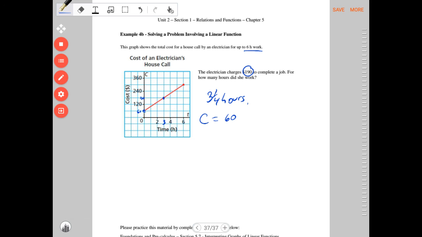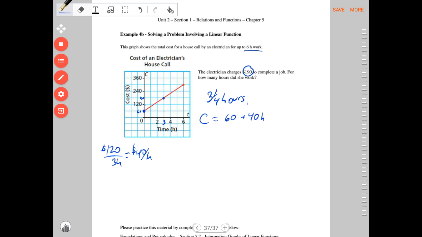So we go up 60, so 120. So $120 for 3 hours of work. That's our rate of change. So 120 divided by 3 is $40 per hour. So we have a flat rate of $60 plus $40 per hour.